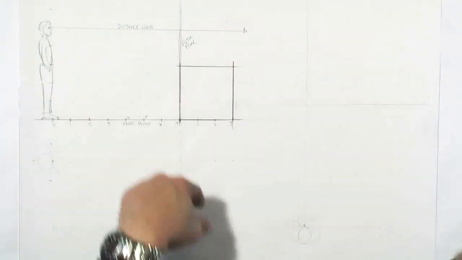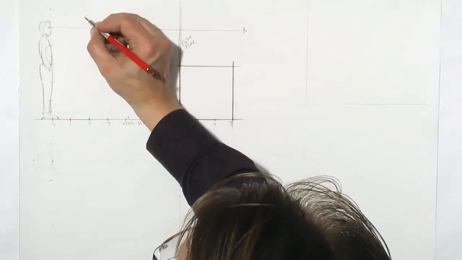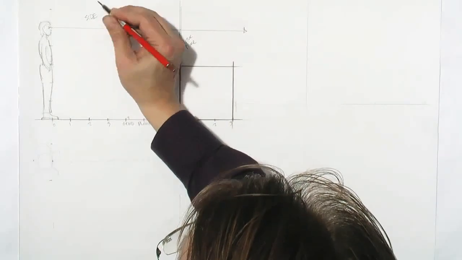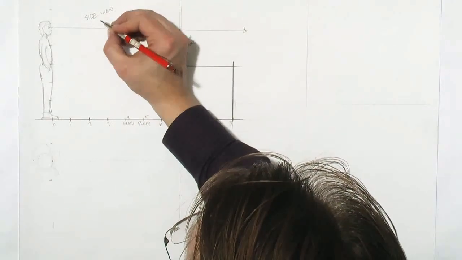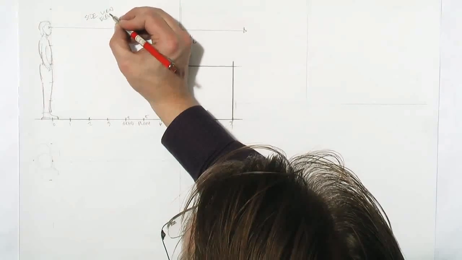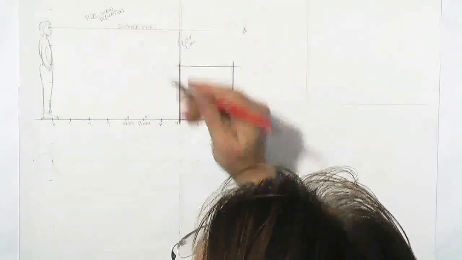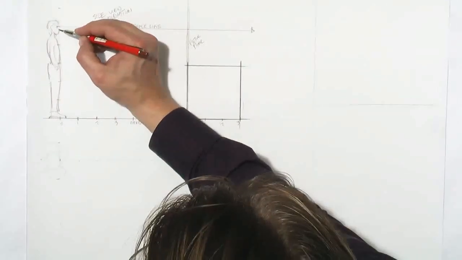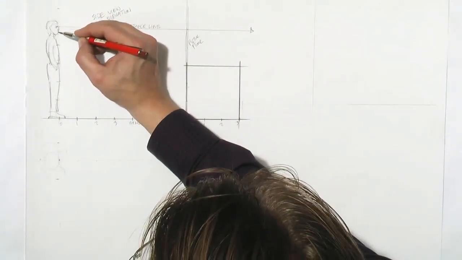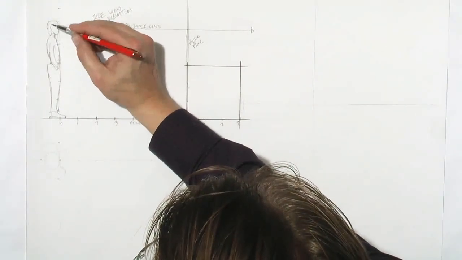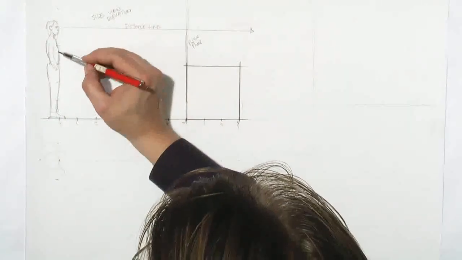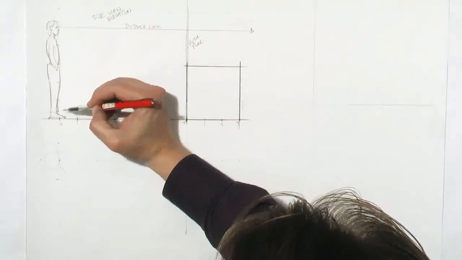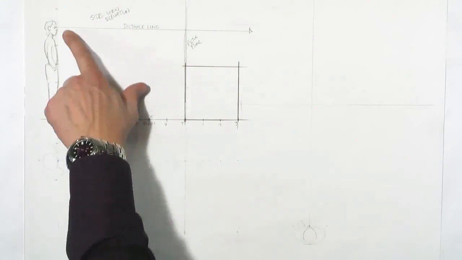This is absolute side view, elevation. Side view elevation. I'll try to darken this in because I know the camera thing's pretty light. So we have our distance line.